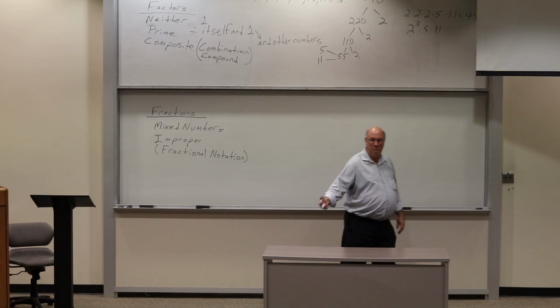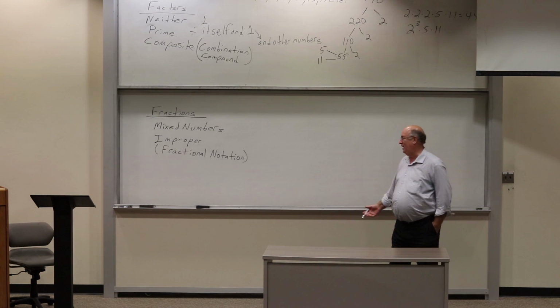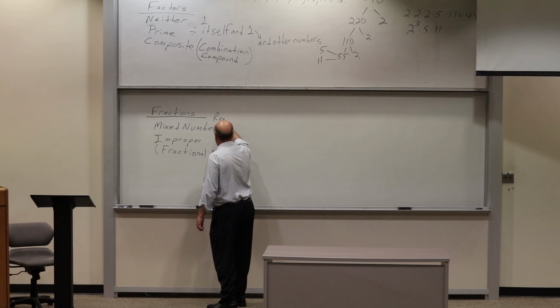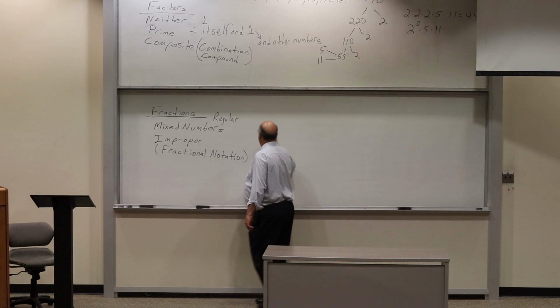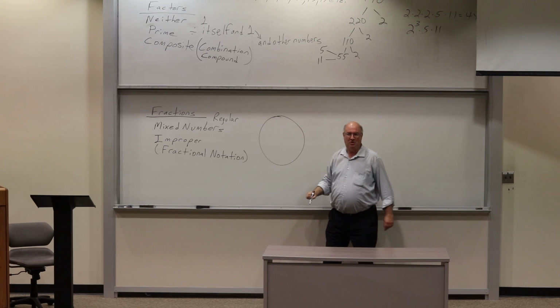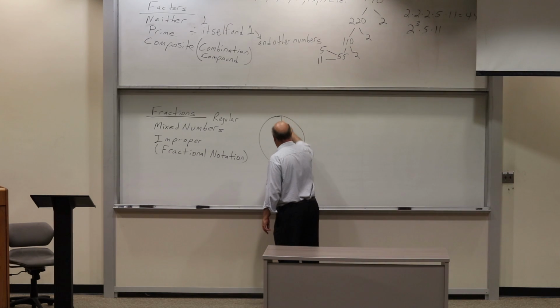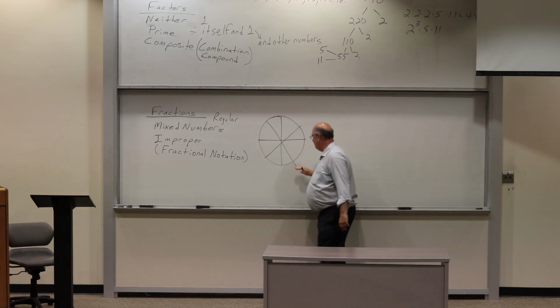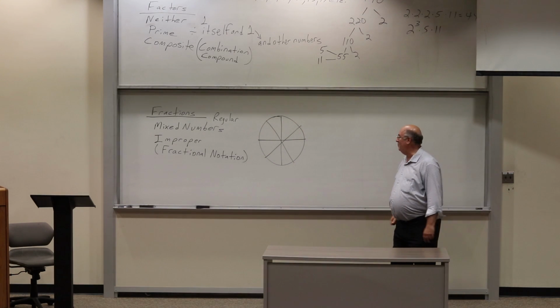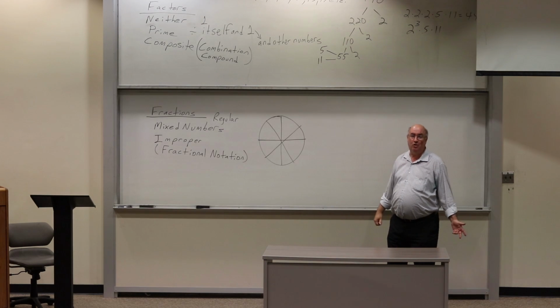We have different types of fractions. We have regular fractions, which I didn't even put here. It's supposed to be a circle. Let's say that's a pizza. You could say, fine, how many slices are there in total?